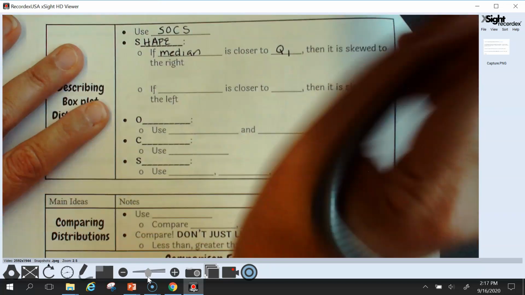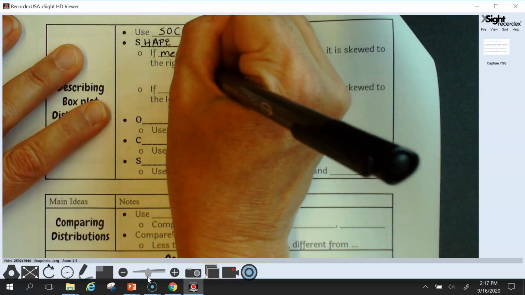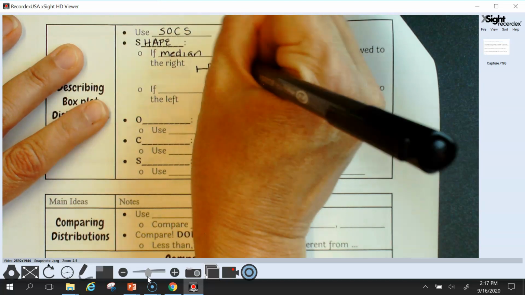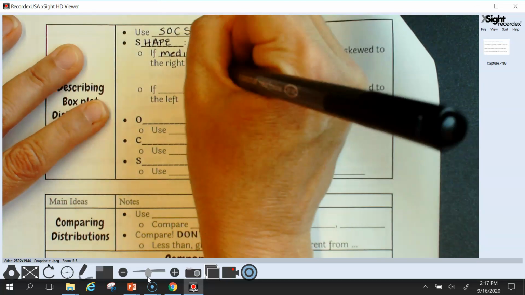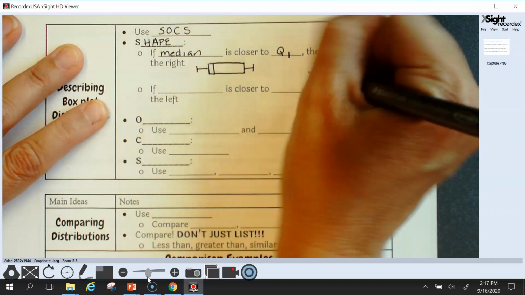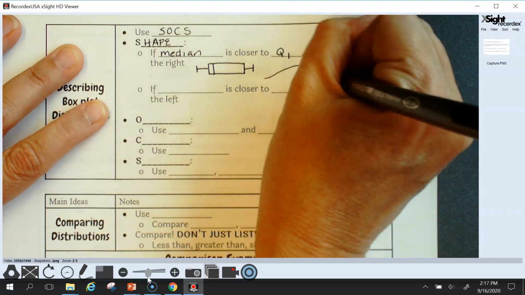Okay, so pretty much it would look something like this. So let me test my drawing ability. It would look something like this. Like this. So it would have that kind of skew.